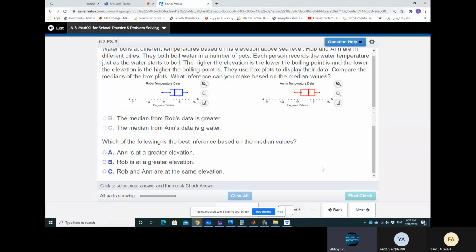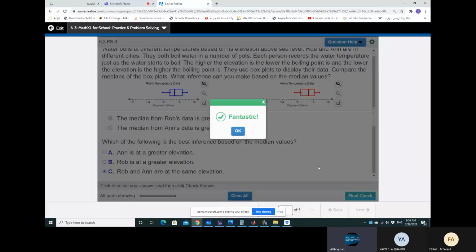And which of the following is the best inference based on the median values? The first choice is Anne is at a greater elevation, Rob is at a greater elevation, and Rob and Anne are at the same elevation. The correct choice is C, depending on the median values. So as you can see here, this is the correct answer.